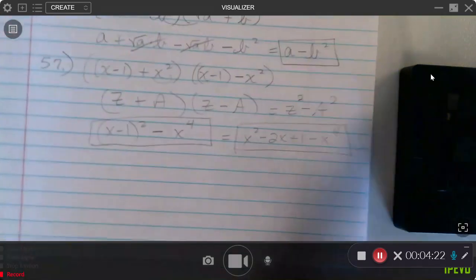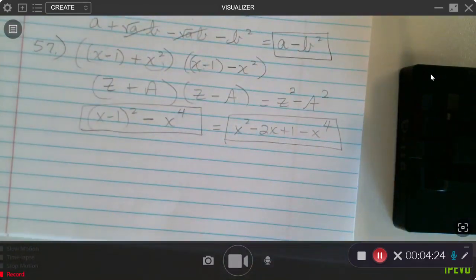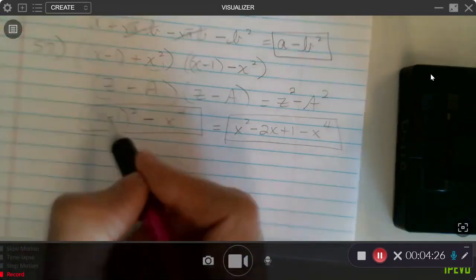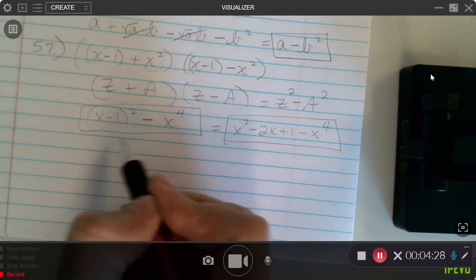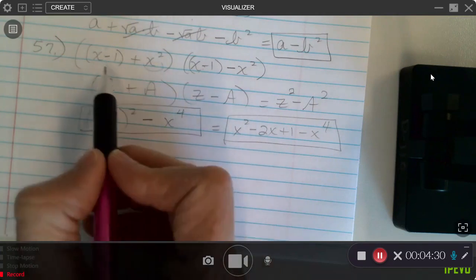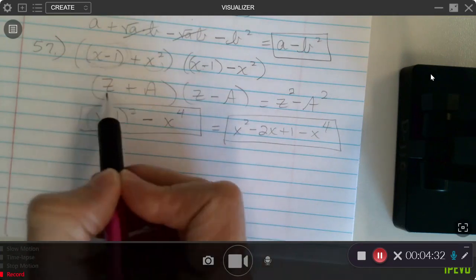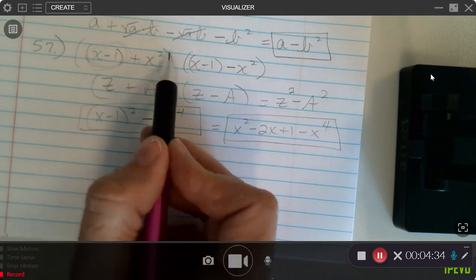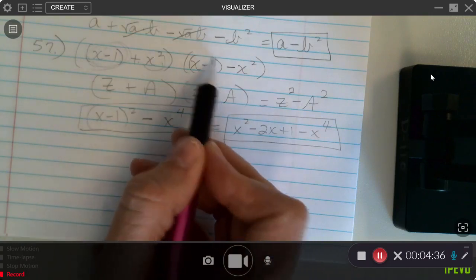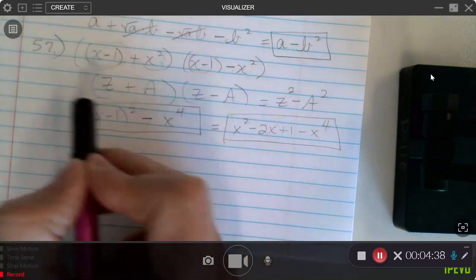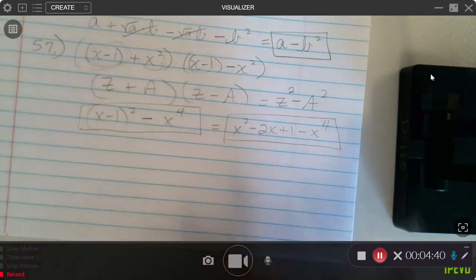Good enough, close enough. But this one is just the beautiful answer because if you can just recognize that as a blob plus a different one, and the same blob minus that, it means when you FOIL it, the outer and the inner always cancel out, don't they?